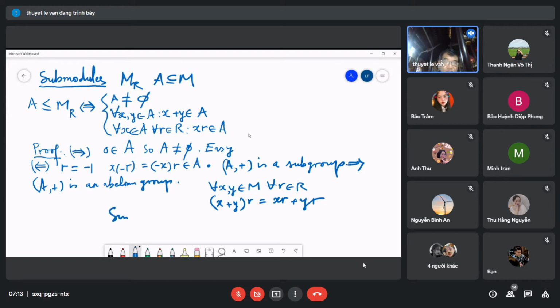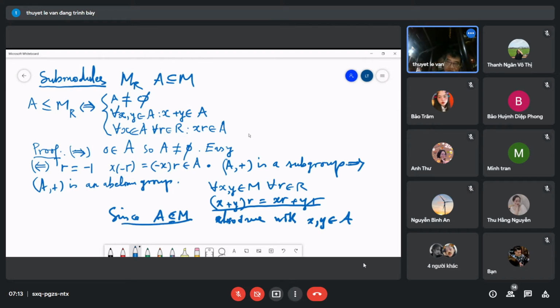And since A is a subset of M, this is also true for x, y in A. Of course, because it is true for the big set, so that is true for the subset. So we have A is a submodule of M.